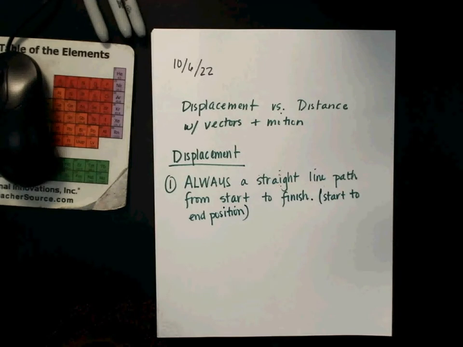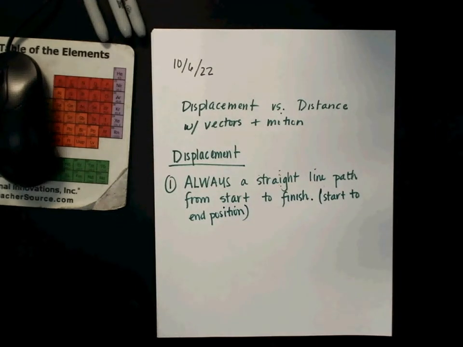So think about this. Whenever you leave here tonight after practice, right after school, whatever, the bulk of you drive home in a car. Does your car measure your displacement? Okay, I'm seeing some yeses, I'm seeing some nos.